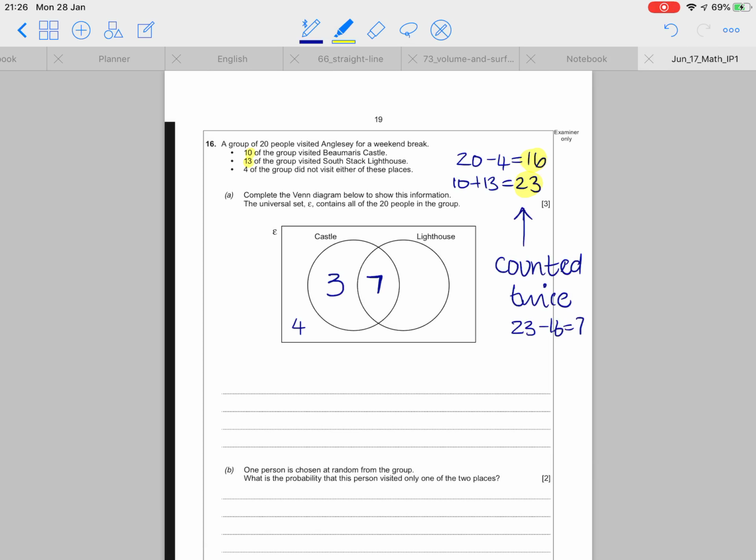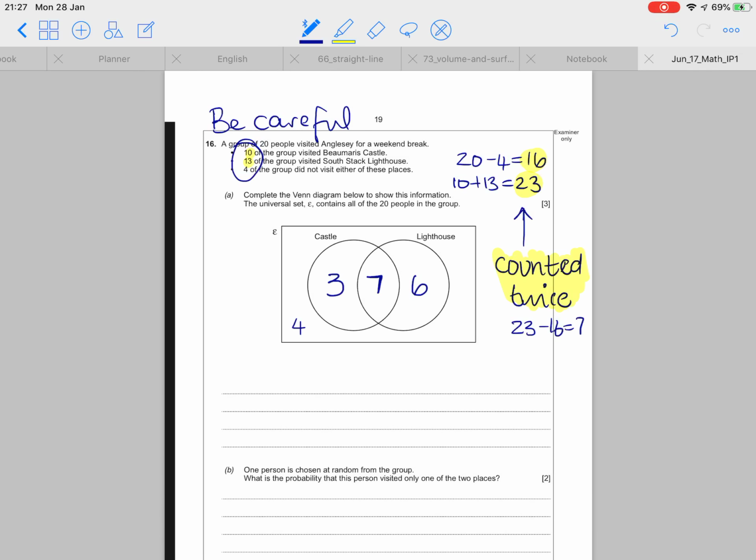Tells us here that we've got 13 people who visited the lighthouse. That's the 7 people who were counted already and an extra 6. So be careful, please. This is a Venn diagram where this information doesn't get used directly in the question. You have to think about it because some of the people were counted twice.